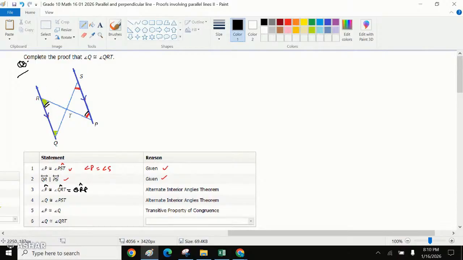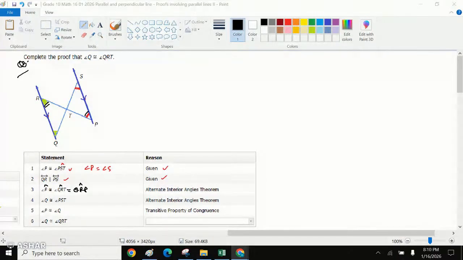That means it's the same angle because R, T and P are points on the same line, and points on the same line are also known as collinear points, right? So RTP are collinear points. So we can say QRT or QRP, it would still be the same angle.